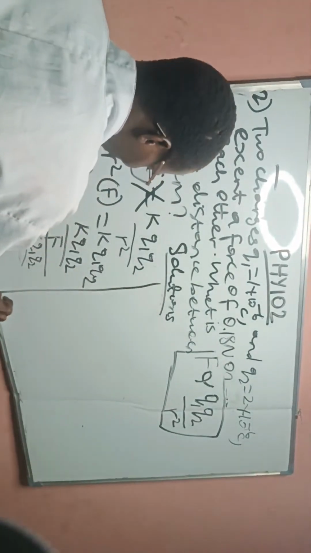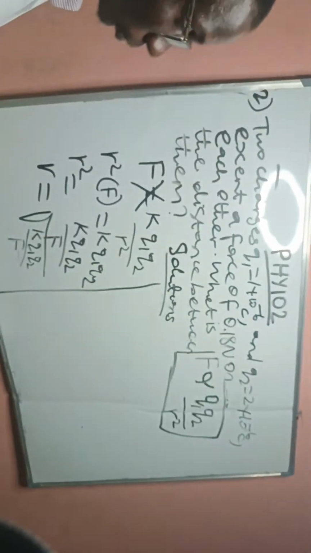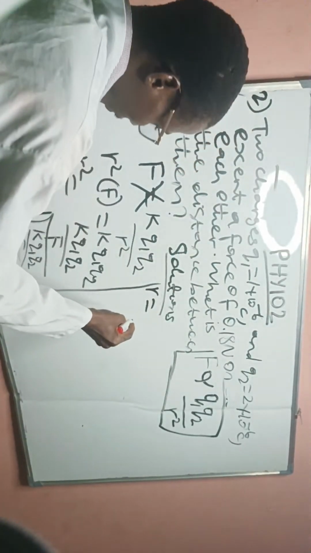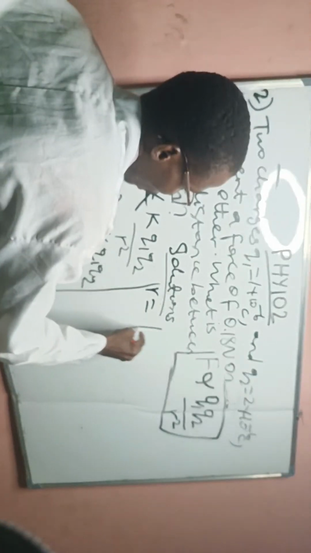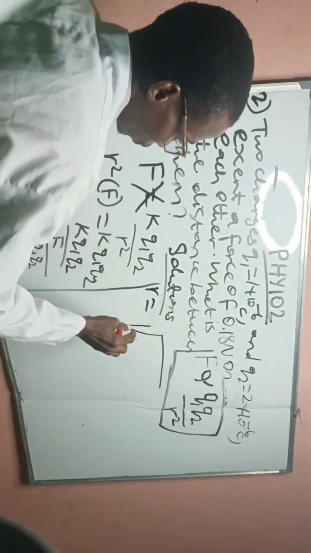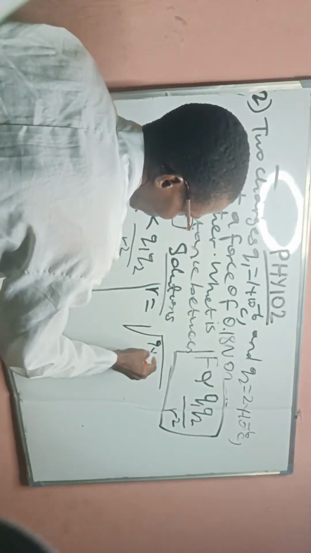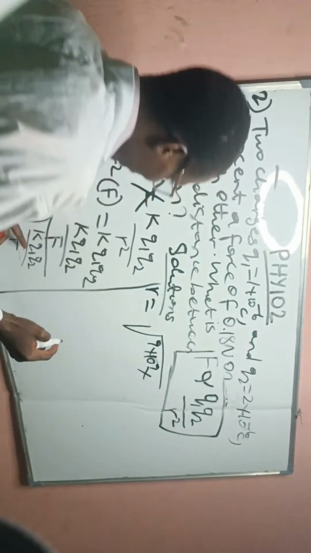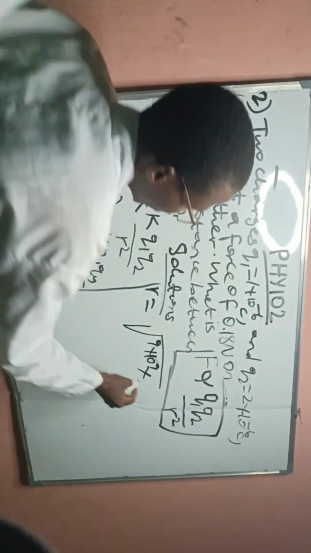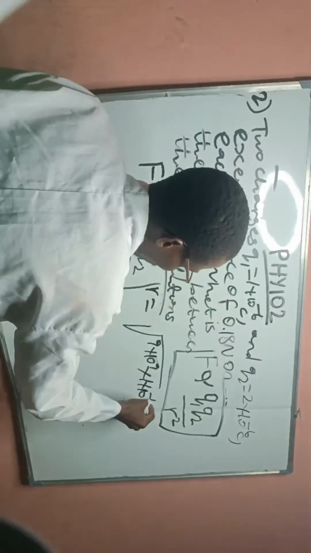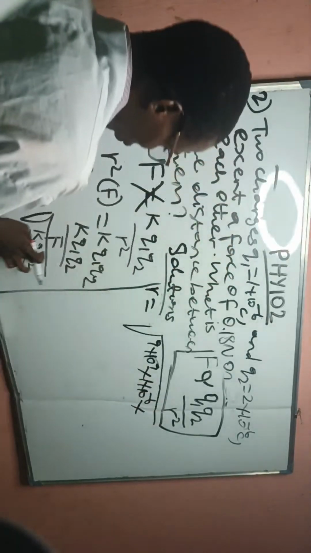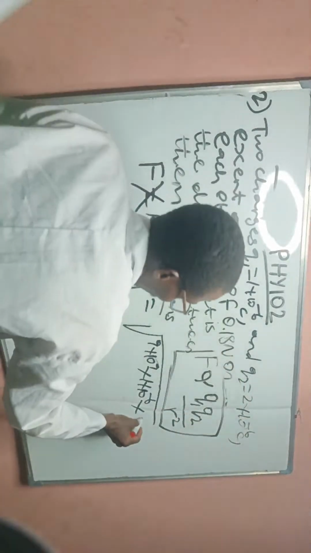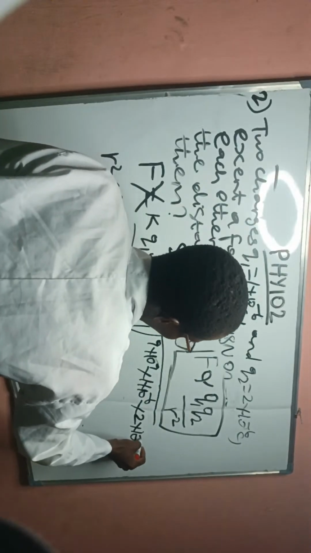All right. Therefore, I can now have that my R is equal to the square root of, and my K is always 9 times 10 raised to the power 9, multiplied by my Q1, which is given from the question, 1 times 10 power minus 6, multiplied by my Q2, which is given, look at it here, 2 times 10 raised to the power minus 6.